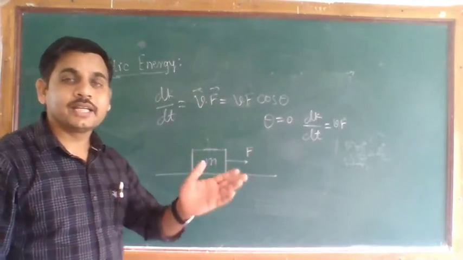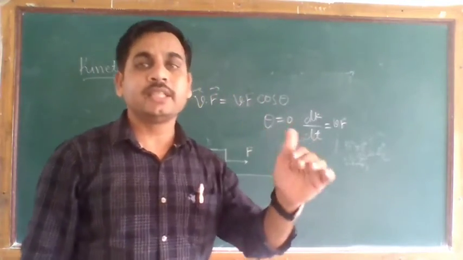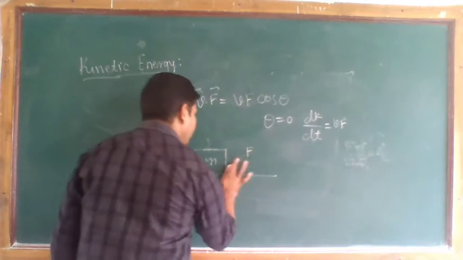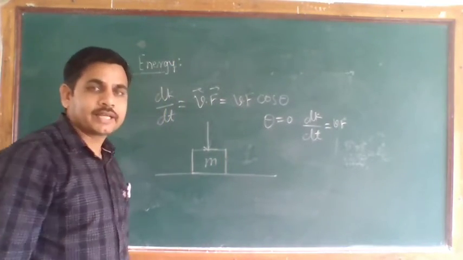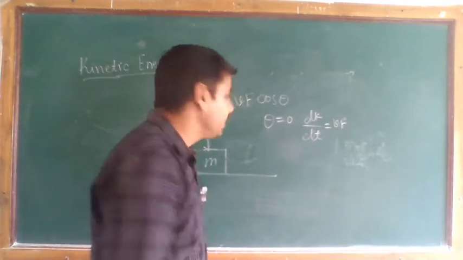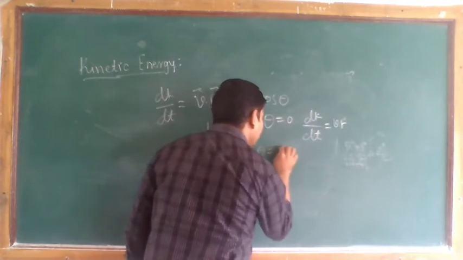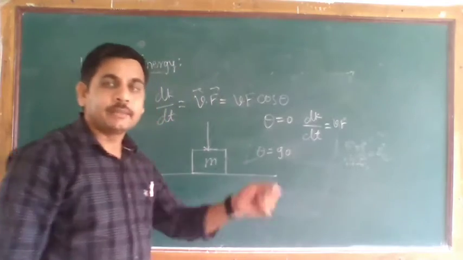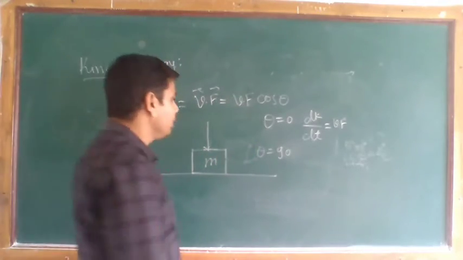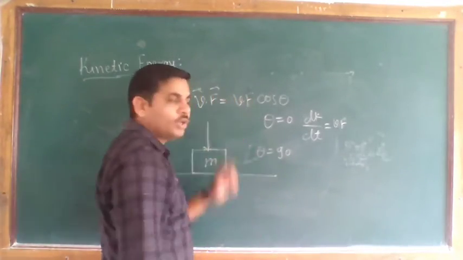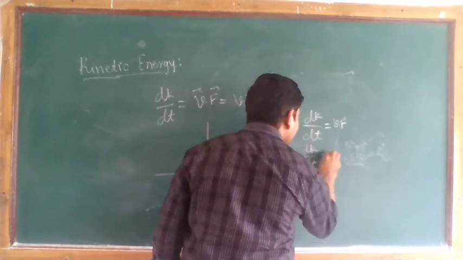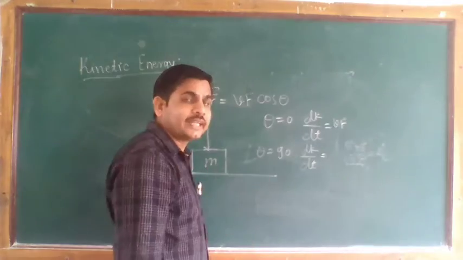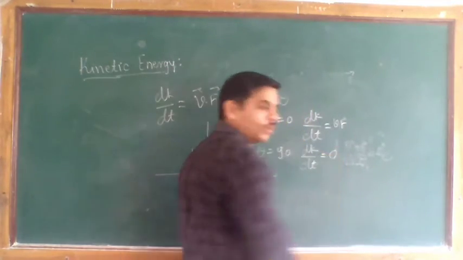And if you consider this applying force is in the perpendicular direction, then this theta is equal to 90 degrees, and if theta is 90 degrees, your cos theta becomes 0, and this dK/dt, or change in the kinetic energy, becomes 0.